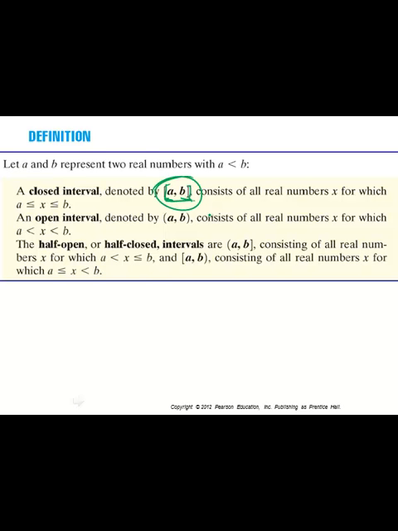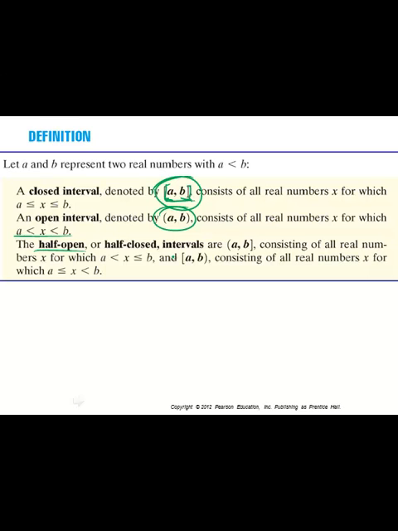Now, if we want to indicate the set of numbers greater than A but less than B, not including A, not including B, then we would use this notation there with the open and closing parentheses, where we have that set of values for x greater than A but less than B.